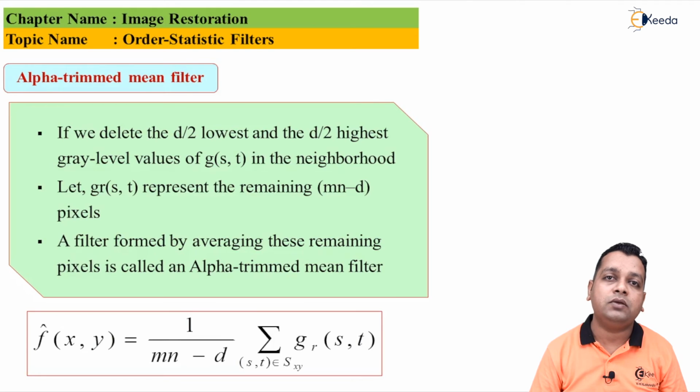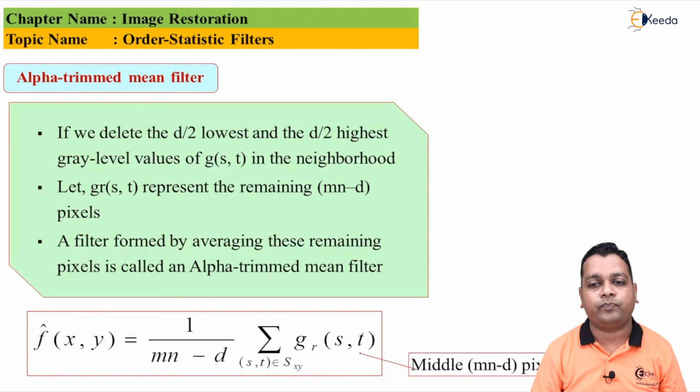Mathematically, we represent the filter function and finally the filtered image f cap of x comma y, the spatial domain parameters, computed by 1 upon mn minus d along with a summation with the variables s comma t belonging to the neighborhood S suffix xy computed over the image g suffix r of s comma t.